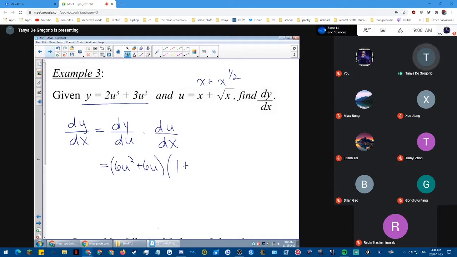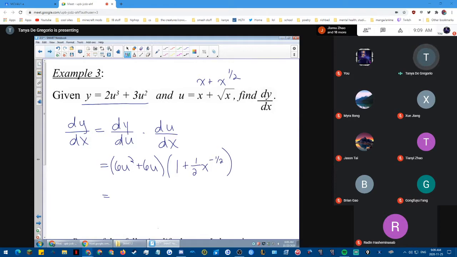And then over here, 1 over 2, x to the negative 1 over 2. Good. Okay, I'm just going to write it as x to the 1/2, and then we'll simplify it. It's absolutely right. That's what it is.